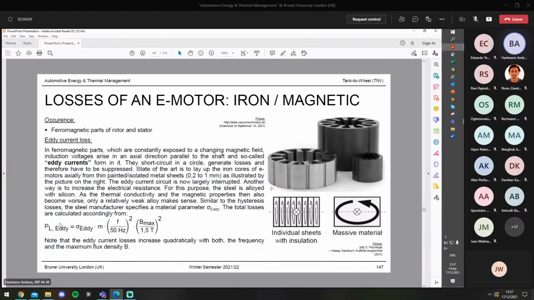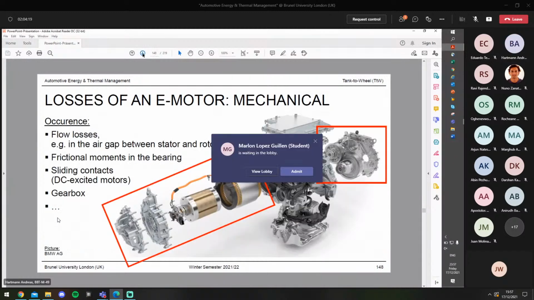So if you use thin metal sheets, there cannot occur too high currents in comparison with the massive material. Okay.